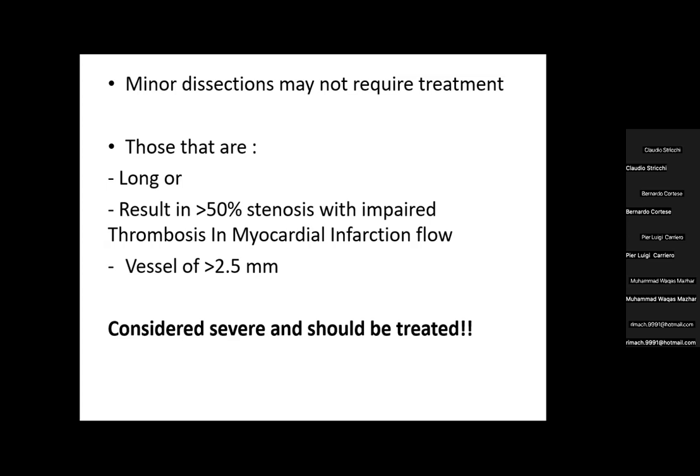Okay. And another setting of dissection is the angioplasty of RIMA, or LIMA. Yeah, because I have had a couple of dissections in this setting, because the guiding catheter is quite aggressive when you manipulate and try to engage the ostium of the mammary artery.